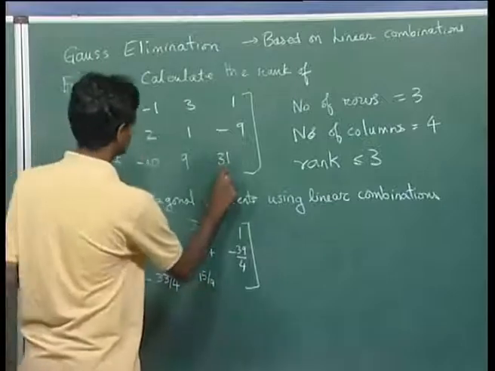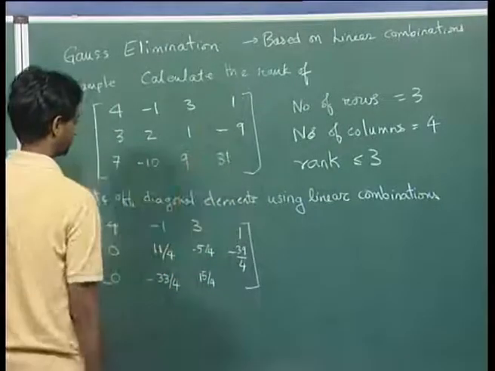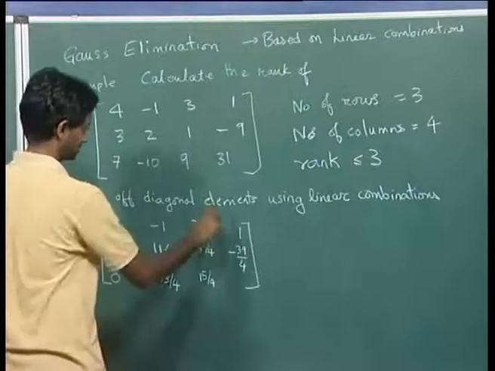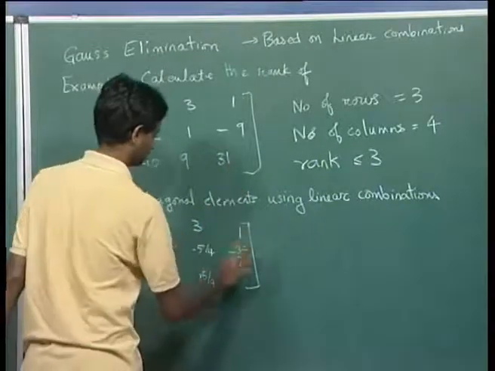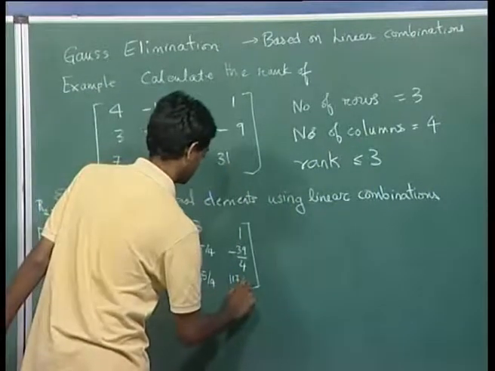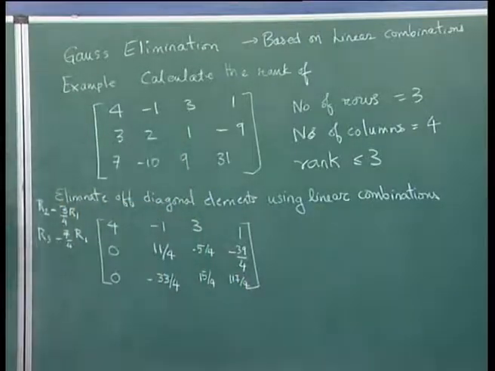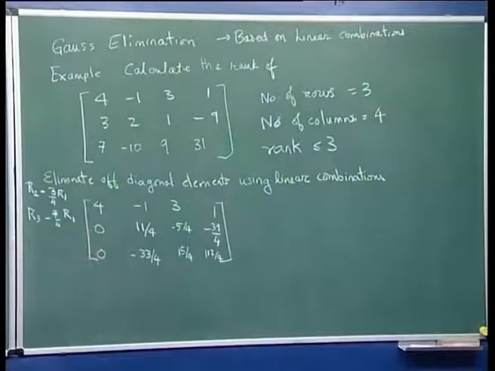And similarly 31 minus 7 by 4, that is 24 minus 7, 117 by 4. In this way, by choosing suitable linear combinations, we have eliminated these two rows.